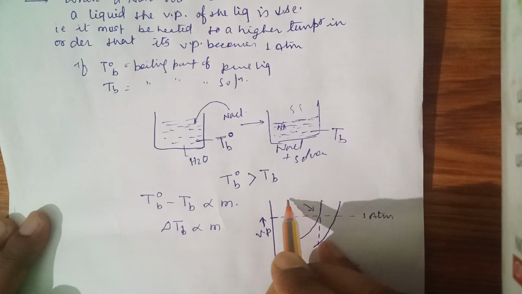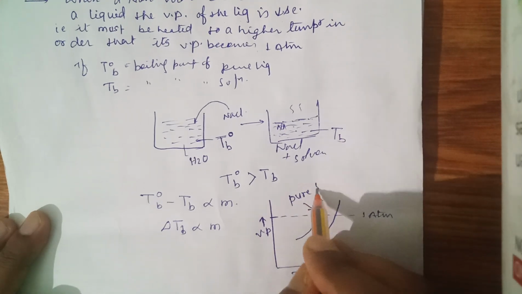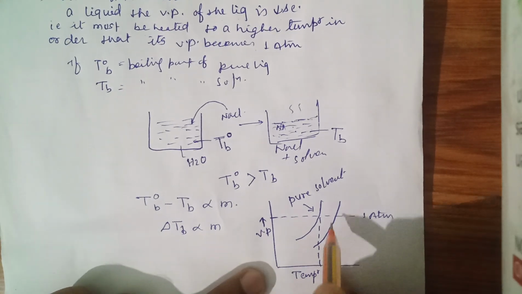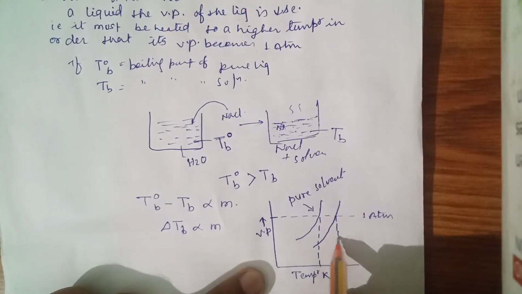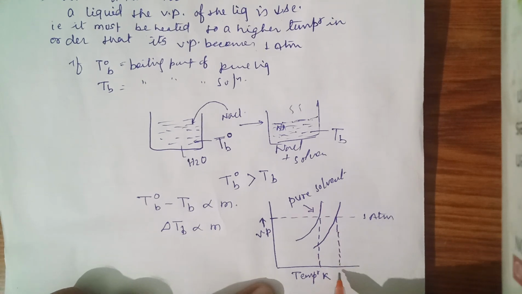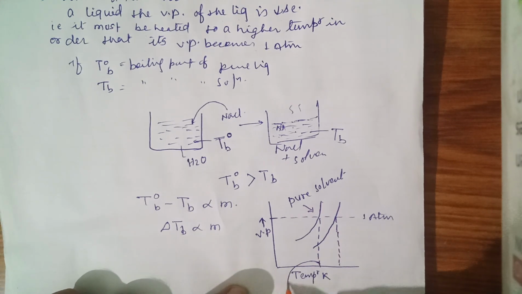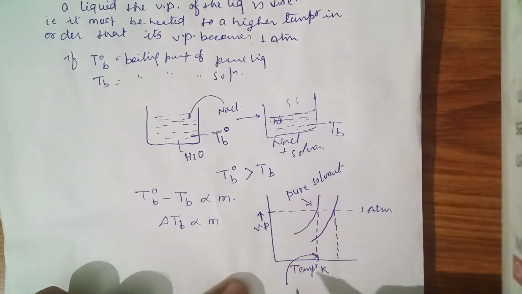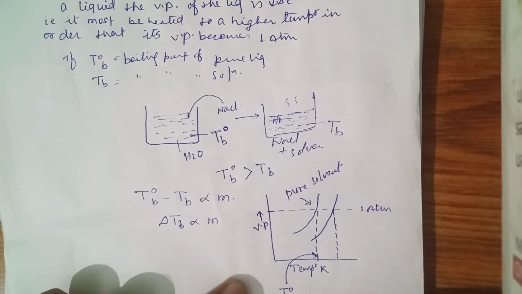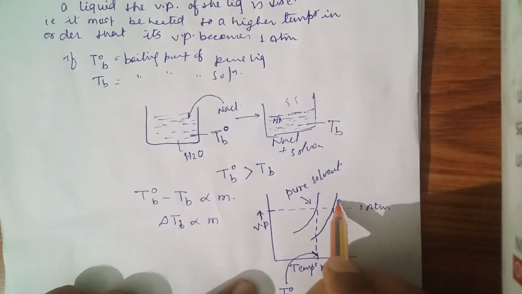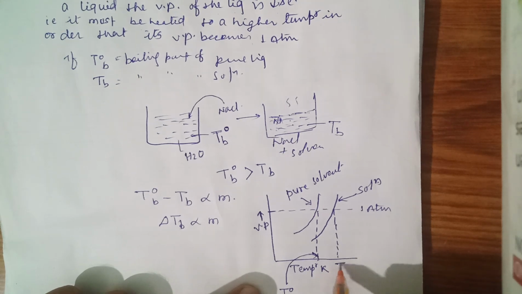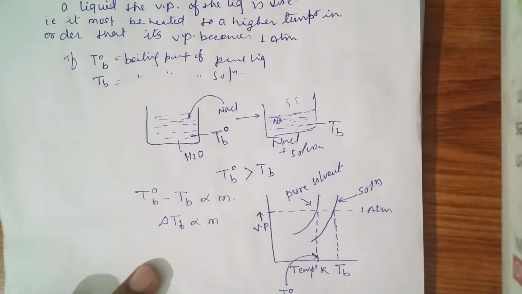And another one is for the solution. At this temperature pure liquid boils, and it is named T naught B. And since this is for the solution, let us name it TB. Hope you are understanding.